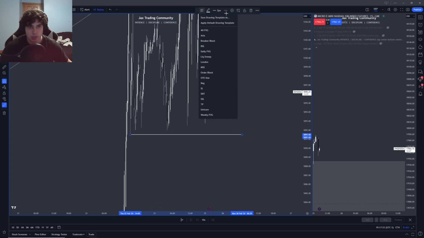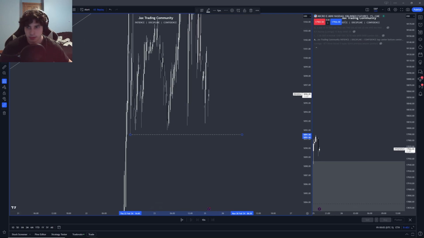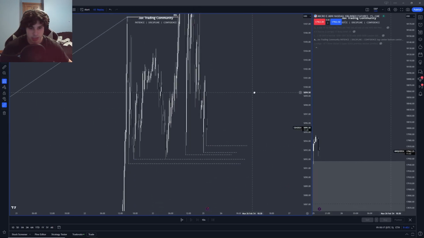So I'm going to save this. Basically, this is a bunch of liquidity, a bunch of lows, and there's no reason they should not get taken out.